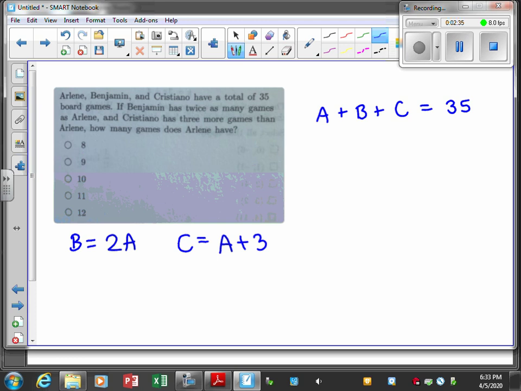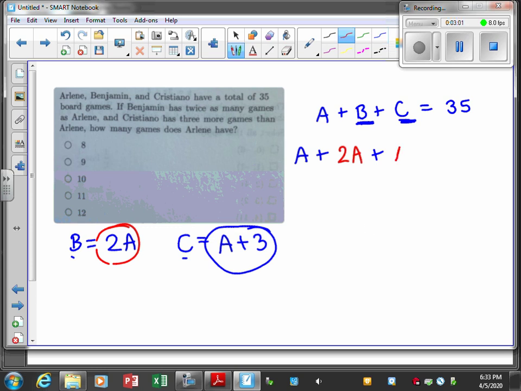So now we're going to take these values for B and C and substitute them in up here. So I'll have A for Arlene plus, this time instead of B, I'm going to plug in 2A. So I have 2A. And this time instead of C, I'm going to plug in A plus 3.